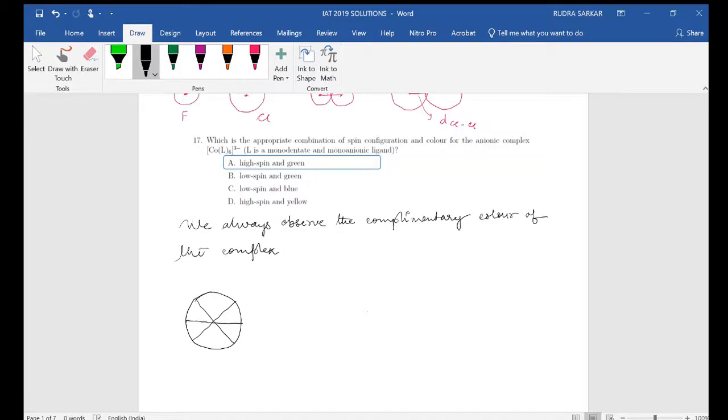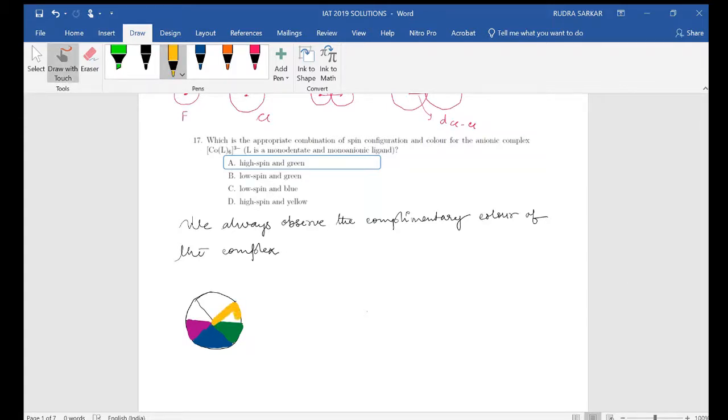and suppose let's begin from V, that is violet. If this region is violet, the next region will be blue in color. Okay, just like VIBGYOR. So this is your blue in color. Then that will be followed by the green color, which will be followed by the yellow color.